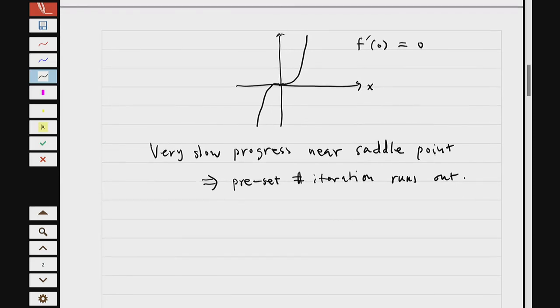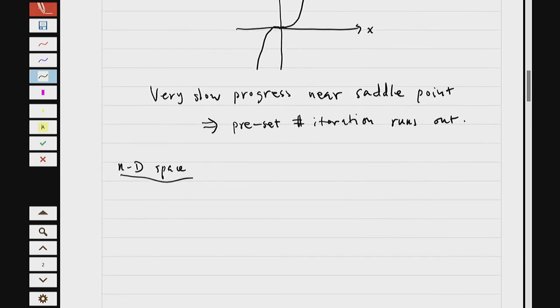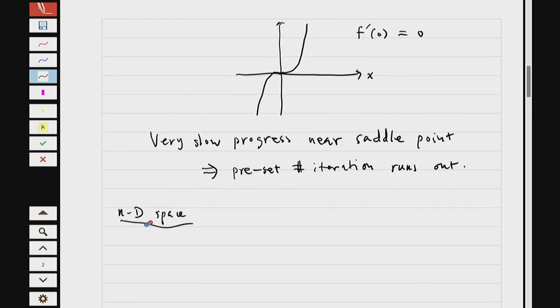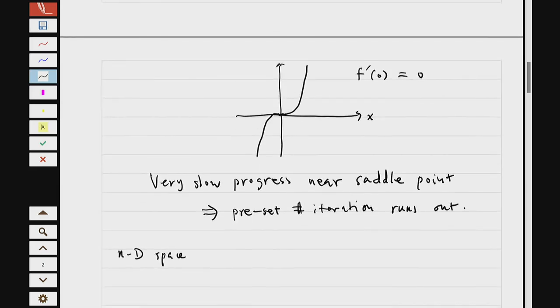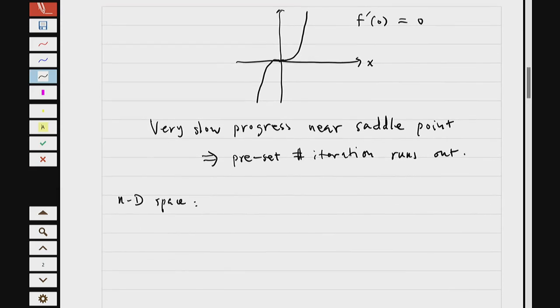Now, this is one-dimensional space. It's already bad enough. Let's look at n-dimensional space. The saddle points, well, I should not underline it because underline is the saddle point. Okay, we're still talking about saddle points. In n-dimensional space, what kind of saddle points?